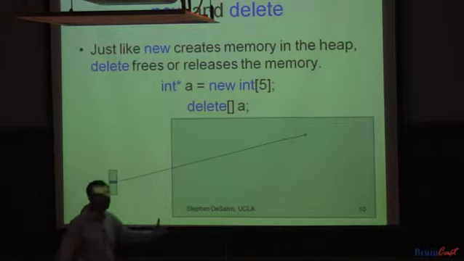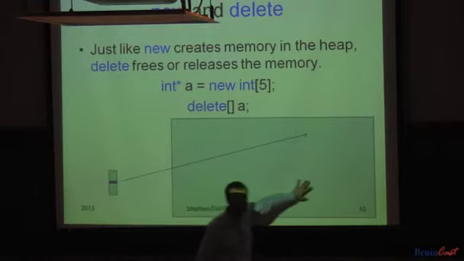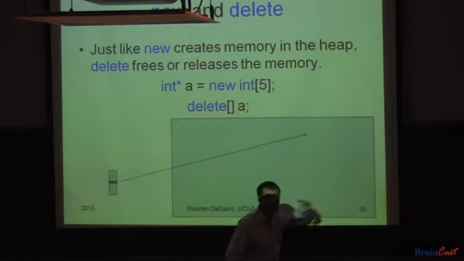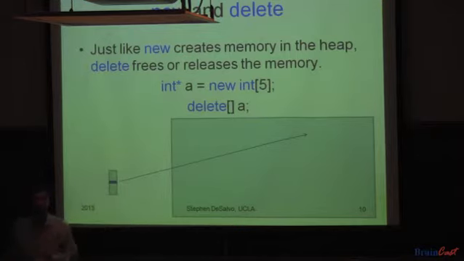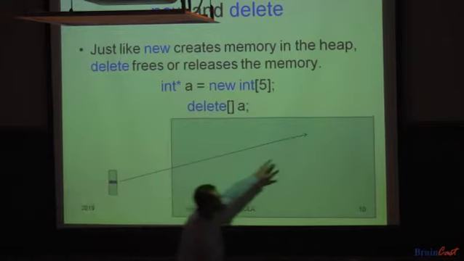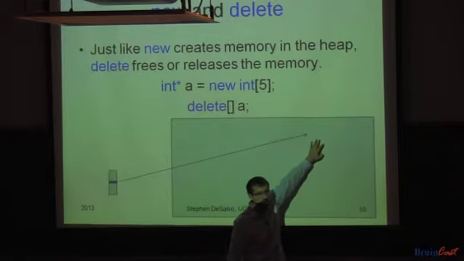Well, you would call delete because anything you create on the heap has to be manually deleted. So every new needs a corresponding delete somewhere. But the important thing is there's a difference between A, which is the pointer, and the memory it points to.